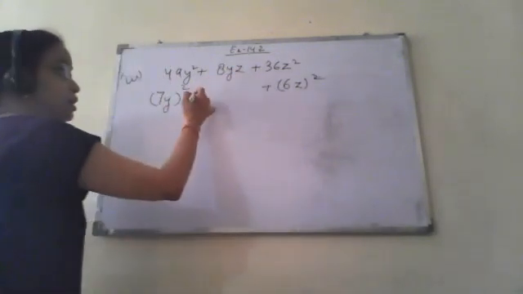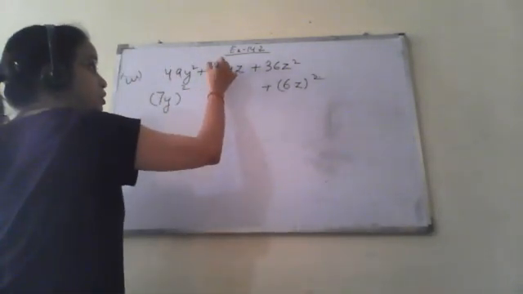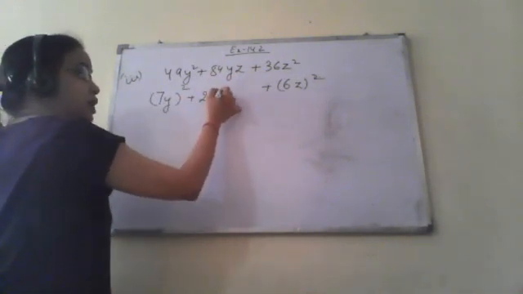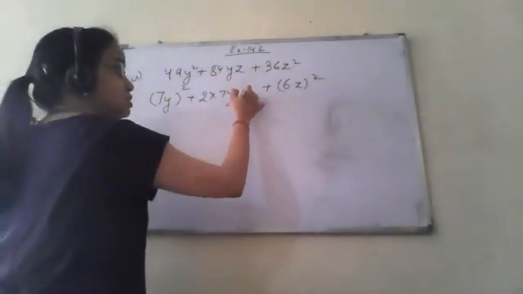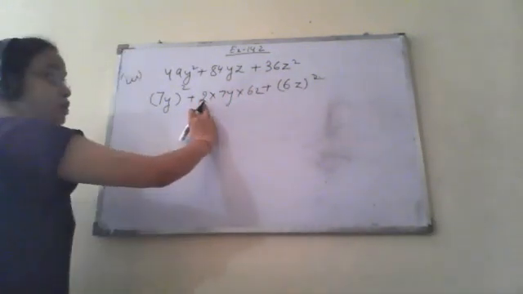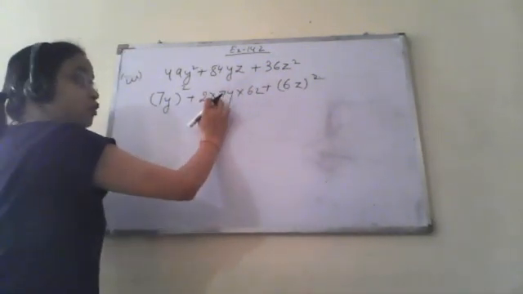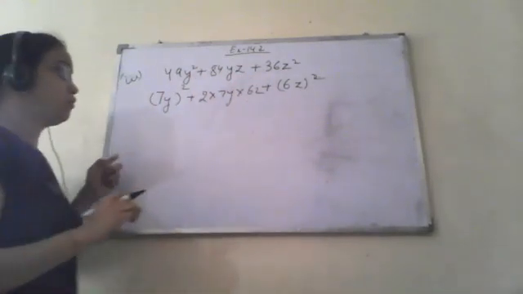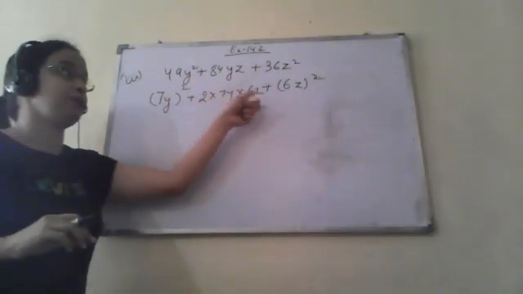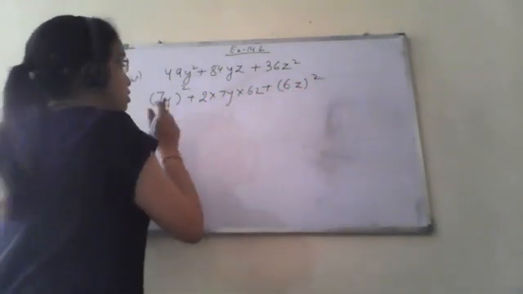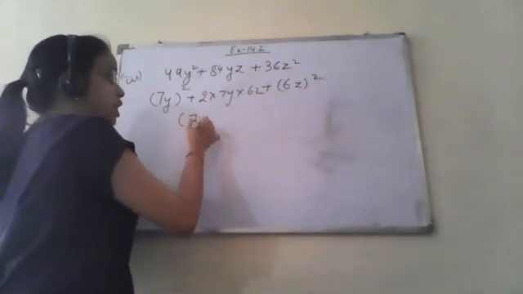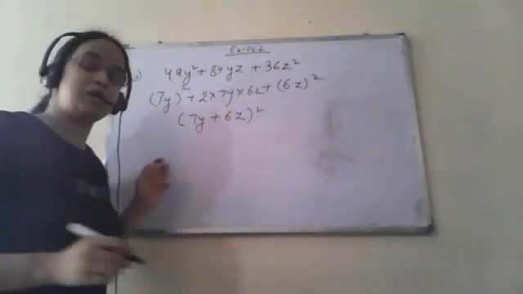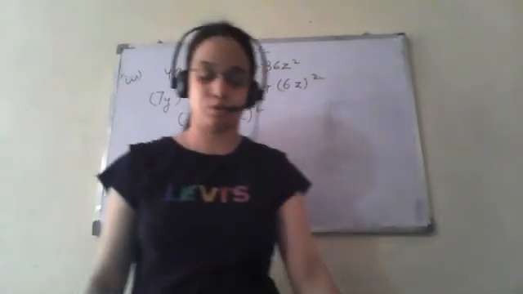Now this 84yz can be written as 2 into a, that is 7y, into b, that is 6z, that is 2 into 7 is 14, 14 into 6 is 84. So this equation is being modified. Now we have a square, we have 2ab and we have b square. So what is the formula? That is a, that is 7y, plus b, 6z, whole square. Do mention the identity whichever you are using.